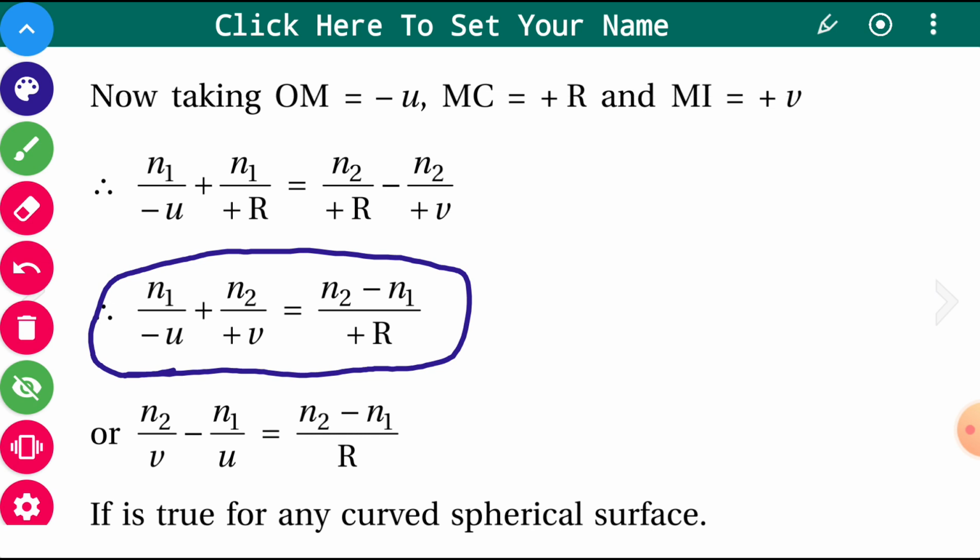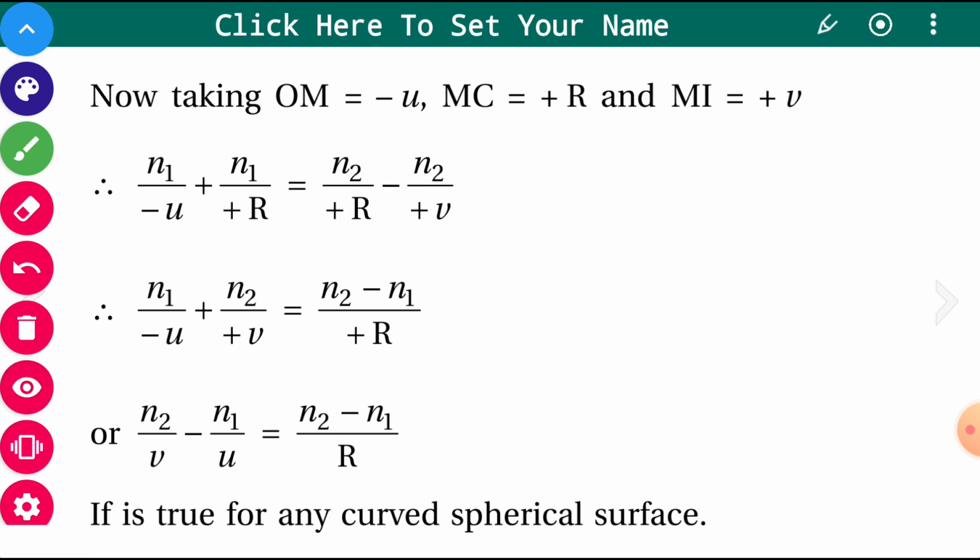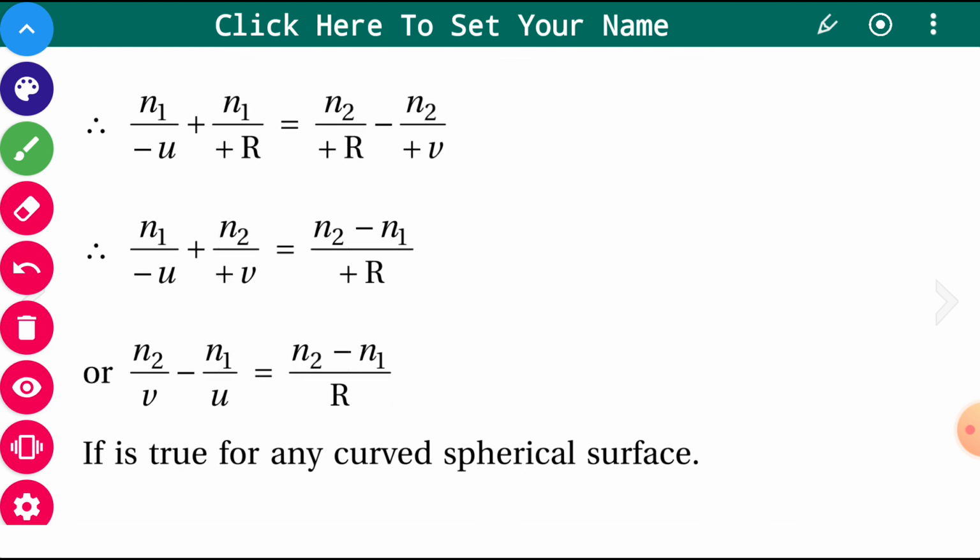Or you can write it in a different way, just change the order. On the left hand side it becomes n2 upon v minus n1 upon u is equal to n2 minus n1 upon r. And it is true for any curved spherical surface.